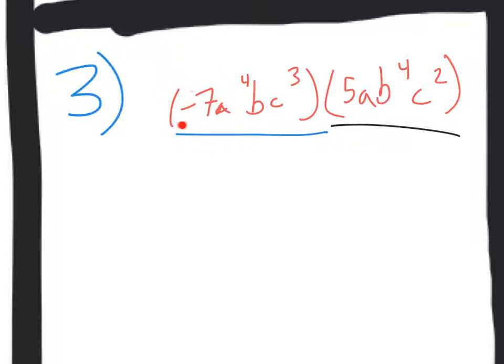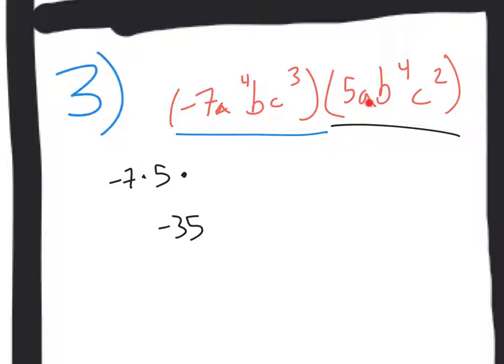I always start out with the coefficients, the numbers in front, right? Those are your regular numbers, -7 times 5. So -7 times 5, do that over here. -7 times 5 makes -35. Okay, now we've got a to the 4th power here, and let's line it up alphabetically.